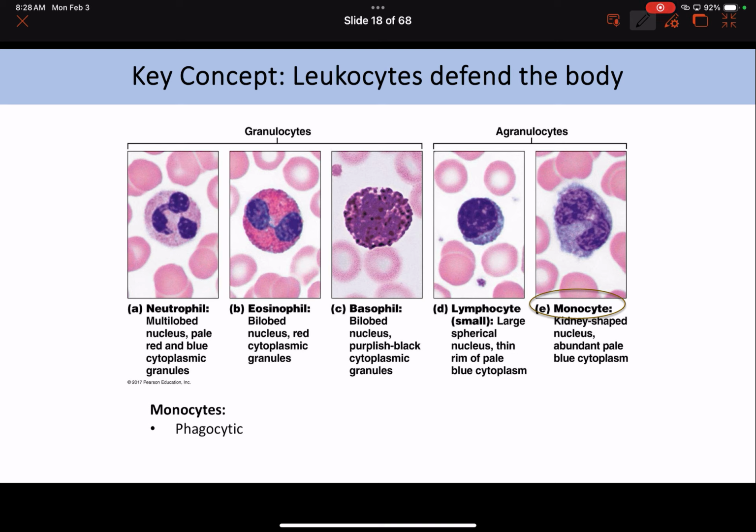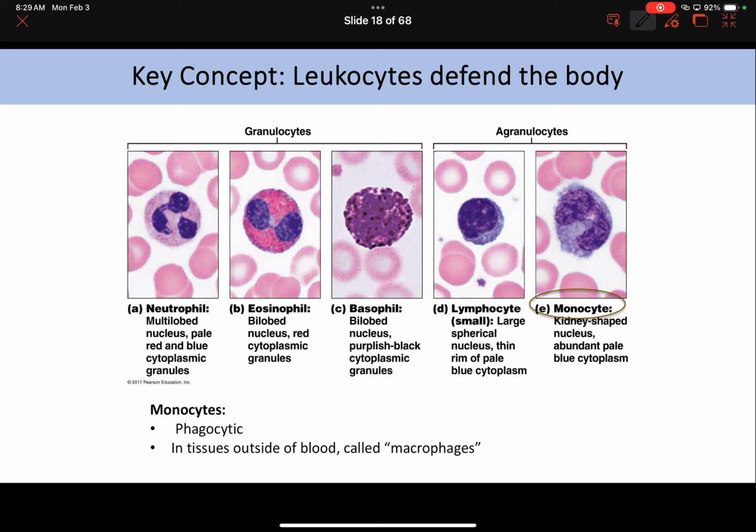Monocytes, they are phagocytic. They are the largest of our white blood cells. They're going to have either a kidney or C-shaped nucleus. So percentage of lymphocytes increase during a viral infection, but sometimes that can mean that other white blood cells, their percentages will go down.